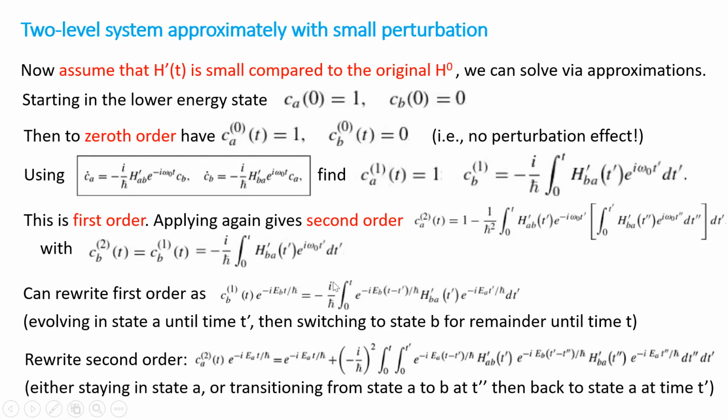Okay, so we have some nice expressions here, which we can use. These first order and second order expressions we can use for particular time-dependent potentials and get transition probabilities and so forth.